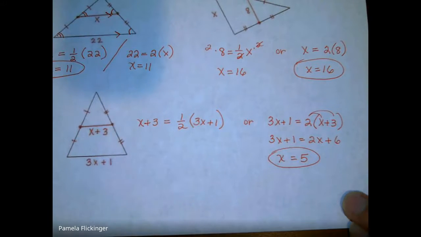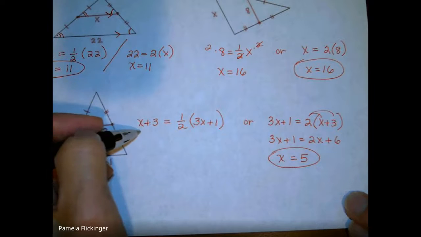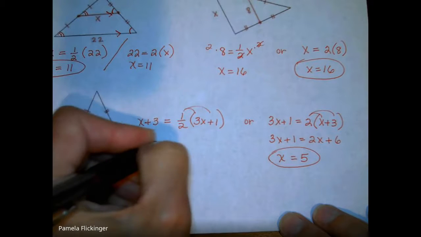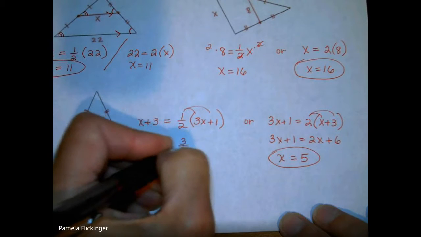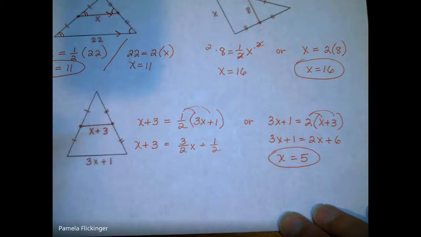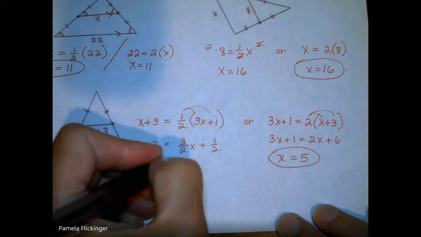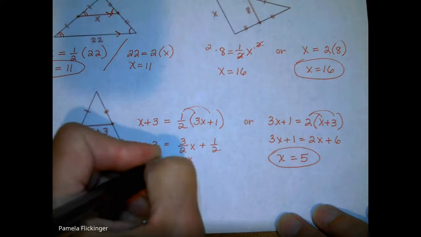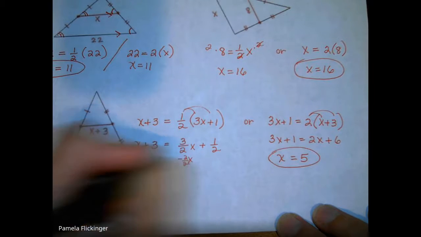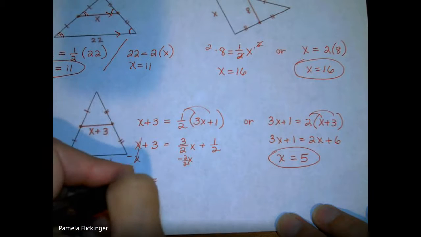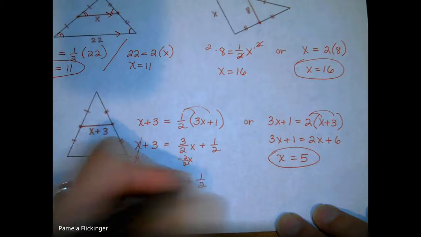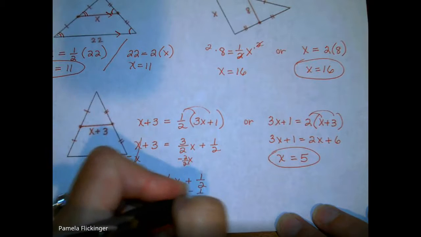Just to show you with the fraction what this one would look like, if I distribute the 1/2, we get x plus 3 equals 3/2 x plus 1/2. If I want to subtract, I'm going to subtract the x this way. I'm subtracting 1, which is like 2 over 2. So we've got 3 equals 1/2 x plus 1/2. Then I would subtract the 1/2.